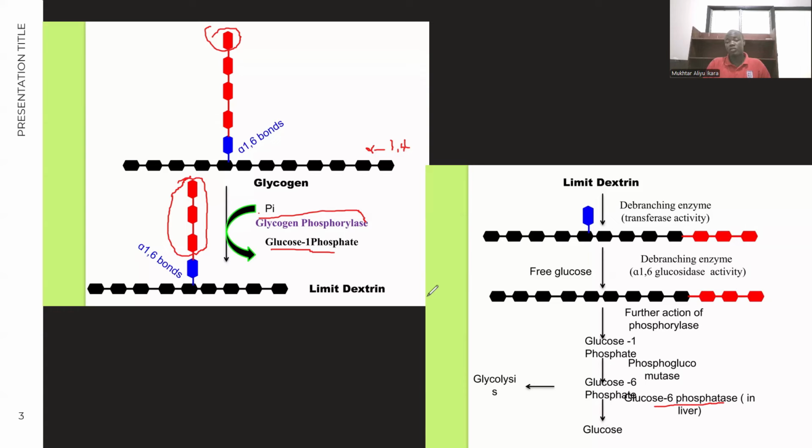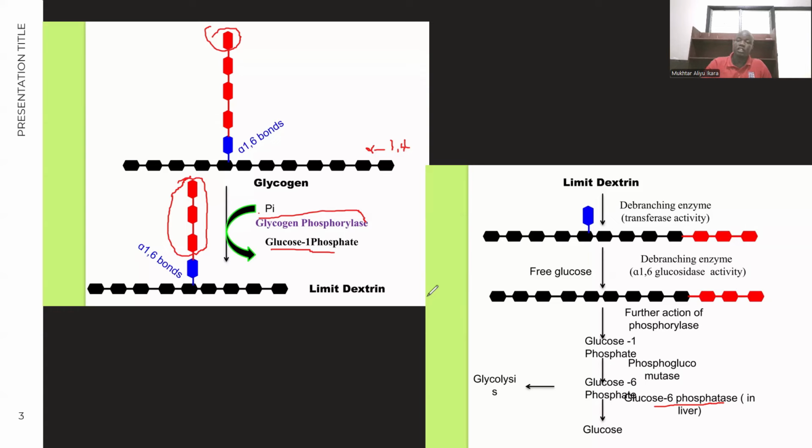So generally in glycogen, the linear chain usually has 8 to 10 glucose residues. As glucose is being removed along the linear chain, it moves toward the direction where there's a branching point. When 4 to 6 molecules of glucose are left in the linear chain, the branching point glucose will start to be removed.